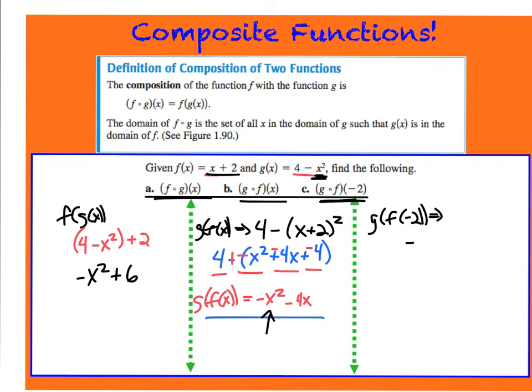So now I end up having a negative quantity, negative 2 squared, minus 4 times negative 2. What is the quantity of negative 2 squared? 4, but then what do I get to do with it? Tack a negative on. So now I have a negative 4, and then plus 8, which is positive 4.